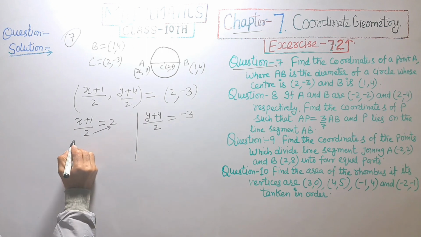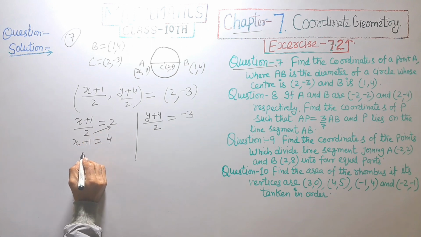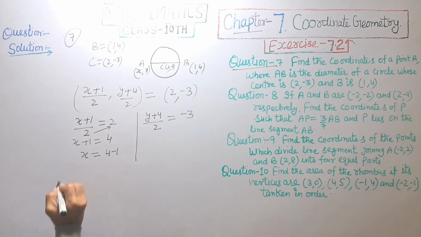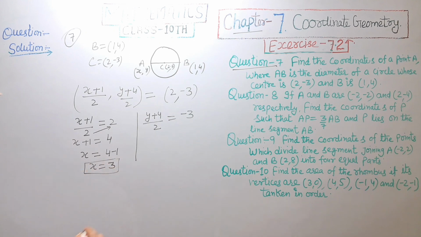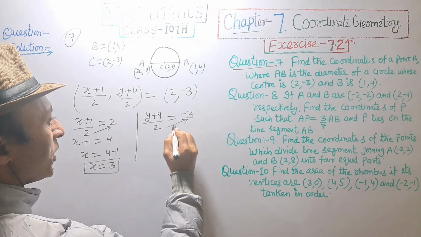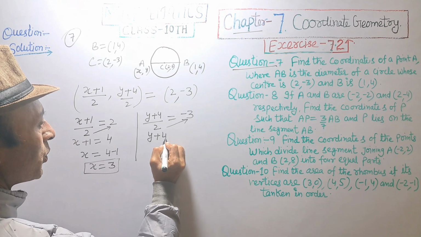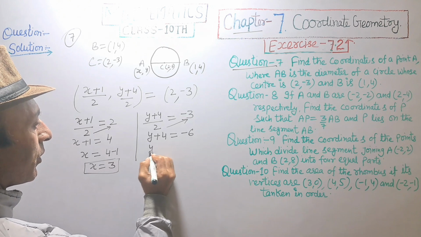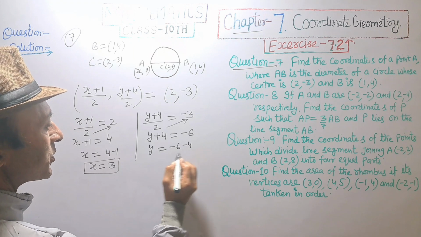Cross multiplying, x + 1 is equal to 2 twos are 4, and shifting 1 to the right side, x is equal to 4 minus 1 is equal to 3. Cross multiplying by -3, y + 4 is equal to 2 threes are -6, and shifting 4 to the right side, that is -4.